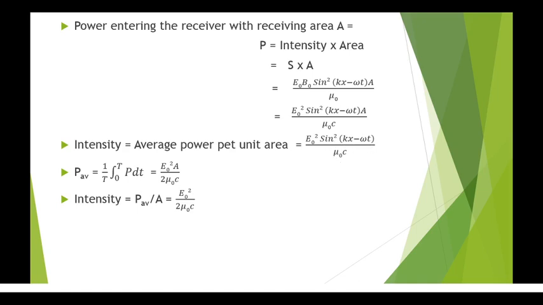That means intensity, that is the average power per unit area, is directly proportional to E0 square, which is a general property of waves. We know that the intensity is proportional to the square of the amplitude, isn't it? So E0 is the amplitude of the electric field. So intensity is directly proportional to the square of the amplitude of the electric field. That means this represents a wave.